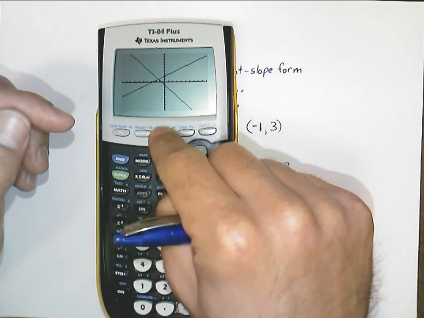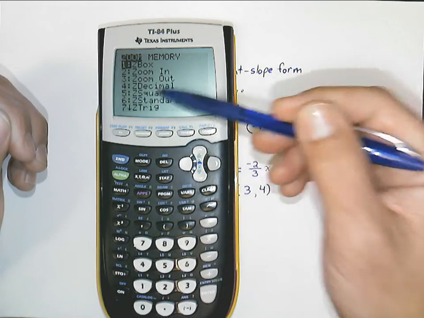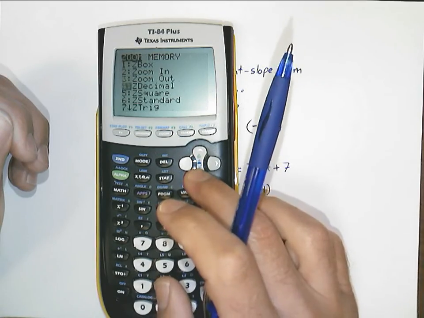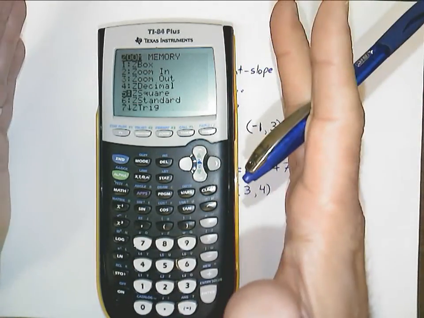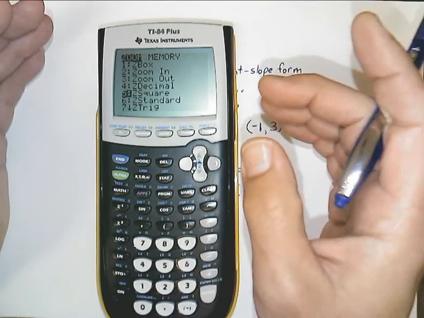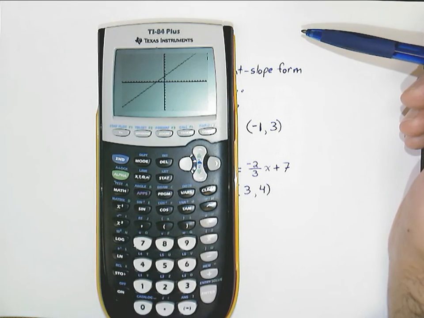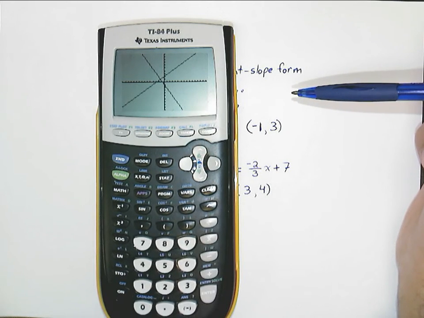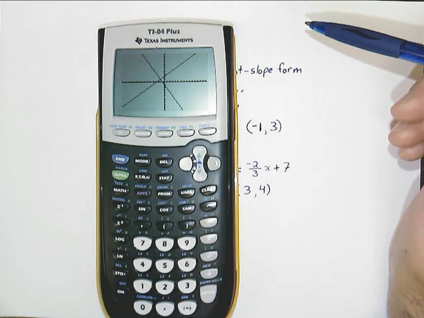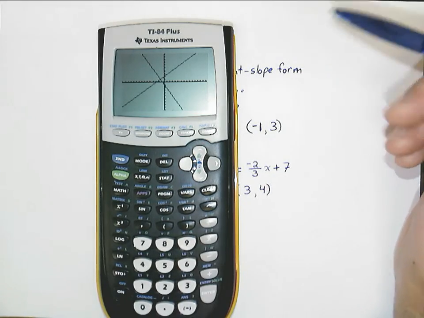If we hit the button zoom, we go down here on number 5, it says ZSquare, which means it's going to reduce that skewedness, or it's going to eliminate it completely. So now we just hit enter. Now in our zoom square window, wouldn't you know it? Oh yes, these lines most definitely do look perpendicular. And so you can check yourselves with your calculator or your online utility, whatever you have available to you.